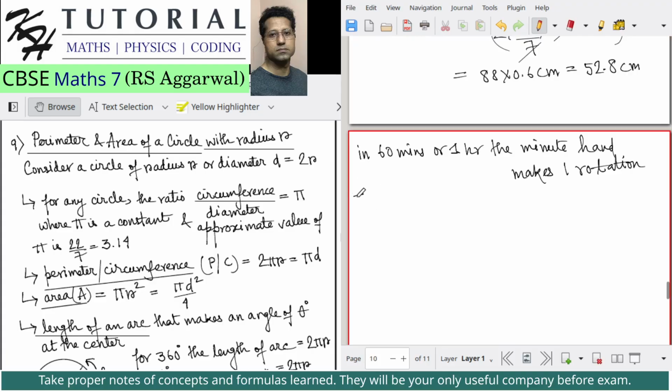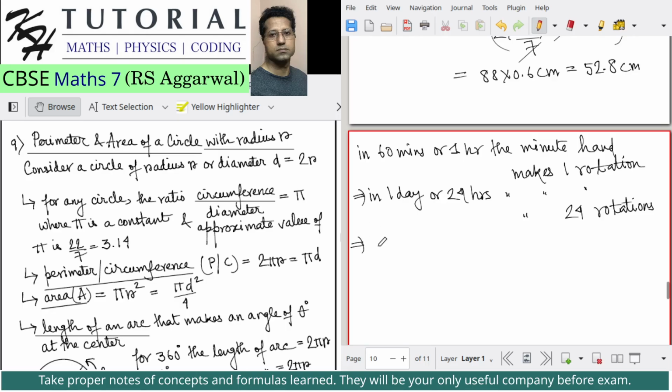So this implies in one day or 24 hours, the minute hand makes 24 rotations. In 1 hour, the minute hand makes one rotation, so in 24 hours it will make 24 rotations.